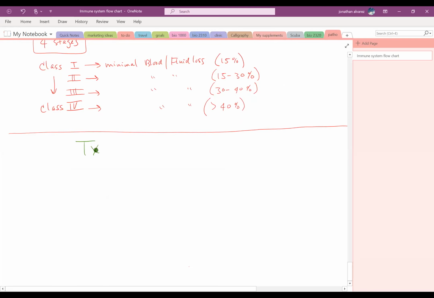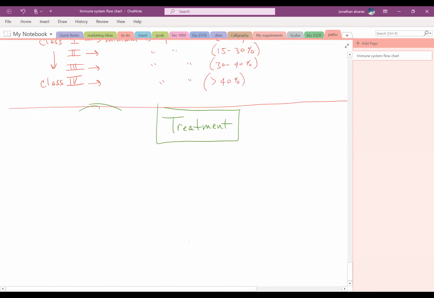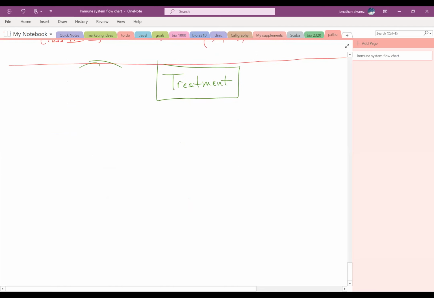Okay. Treatment. All right, so treatment would be to control blood loss.